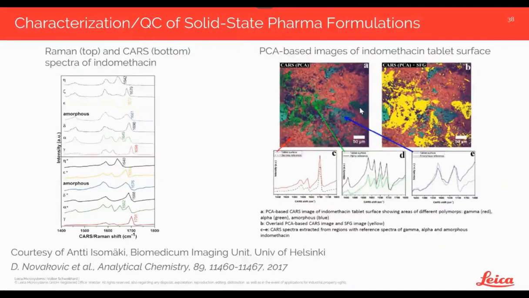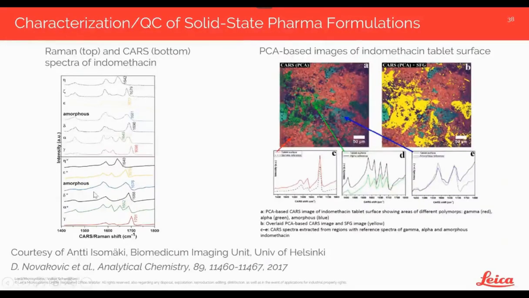And all of this information is highly relevant in studies of or verifying the availability of the drug and the solubility of the drug, because it turns out that the preferred state in many pharmaceutical compounds is actually an amorphous state, which will be more amenable to dissolution and distribution in the tissue than some of the crystallized states.